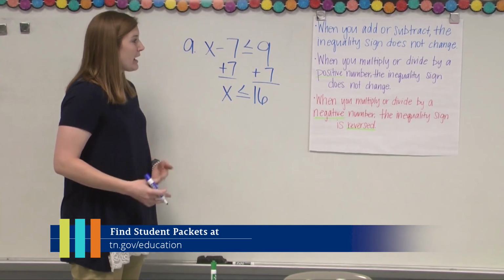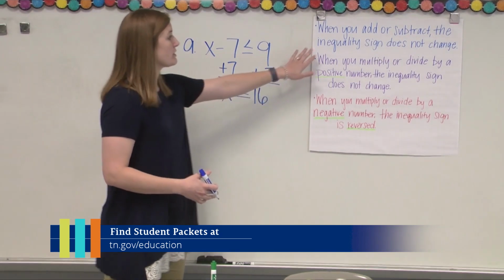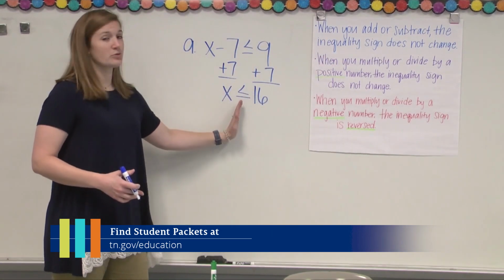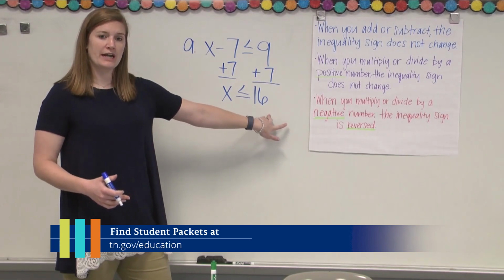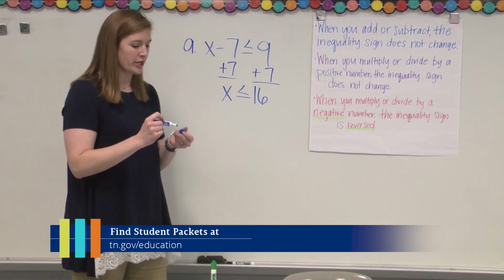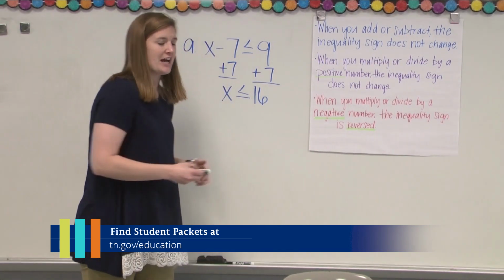Now, what we have to think about is, does that inequality symbol need to be reversed? Because we just added or subtracted, that inequality symbol does not change, and x is less than or equal to 16 should be our answer. Now, the instructions tell you to justify your answer. That's what we were doing together when we picked one of those numbers to see if it actually worked.